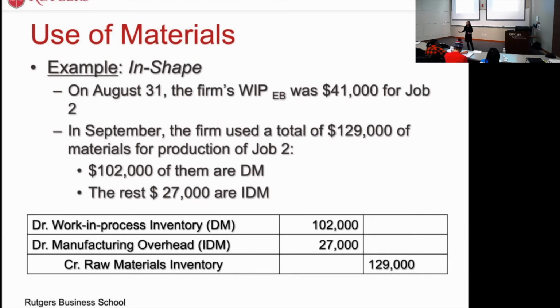So for the direct material part, we will have an increase in working process for that amount. And then for the indirect material, they will first become the overhead cost, so we debit that part. And now you can see that the debit and credit are balanced. So any questions?